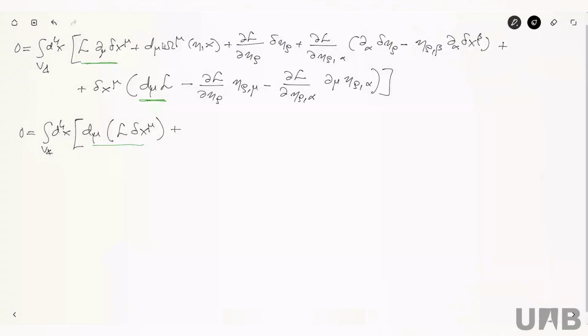So now we have this second term. We just got rid of these two in this one. So now this other term, d mu omega mu of eta and x, okay?